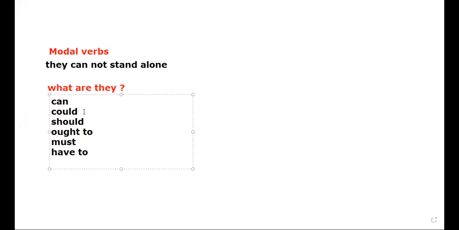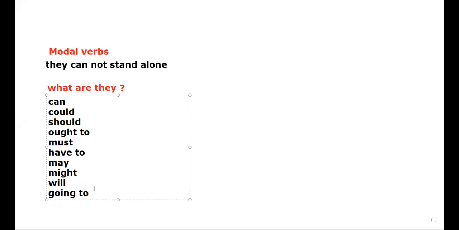And also we have, for example, may, might, will, going to, and so on. So actually these are called modal verbs. Now we will classify them. Can, could. We have also shall, should, ought to, must, have to, may, might, will, and going to.